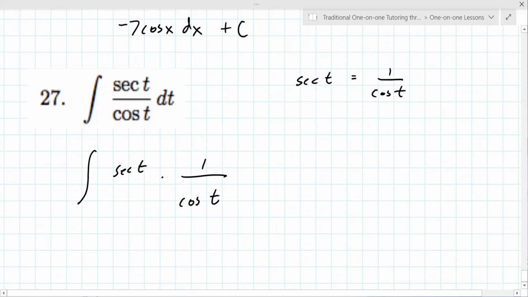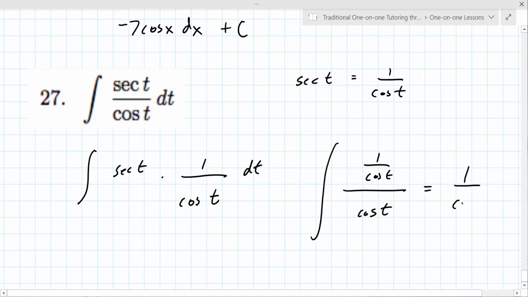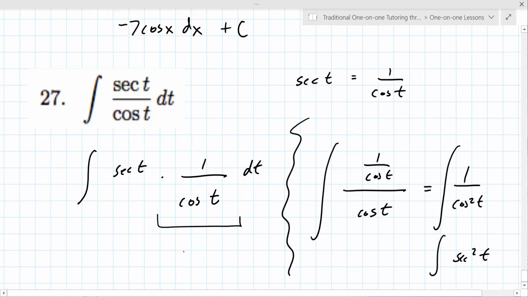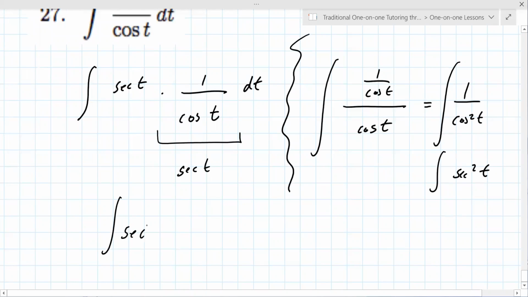You either visualize it like that, which is fine, or as 1 over cosine over cosine. This one on the right gives you 1 over cosine squared t, which is secant squared t. And if you do the substitution here on the left, this is secant t. So you get the same thing. You get the integral of secant squared t, no matter how you do it.